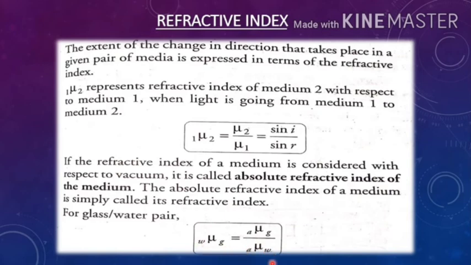W is the sign for water, G is the sign for glass, A is the sign for air, air or vacuum, it can be anything.